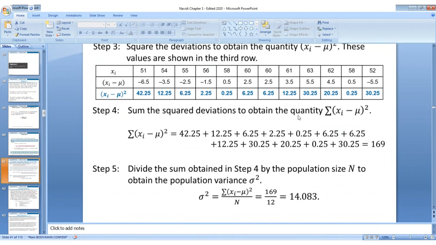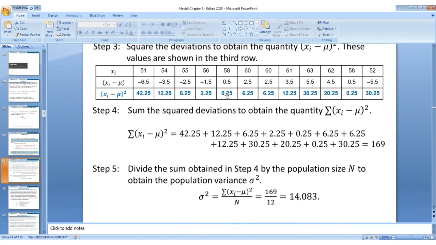Whether it's a negative number or a positive number, the square is always positive. So negative 6.5 squared is 42.25. Negative 3.5 squared is 12.25. Negative 2.5 squared is 6.25. Negative 1.5 squared is 2.25. So these are all positive.